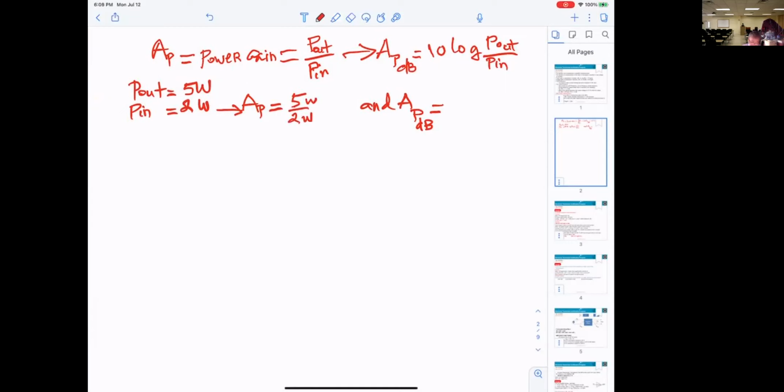So you can take 10 times log and tell me what they equal.